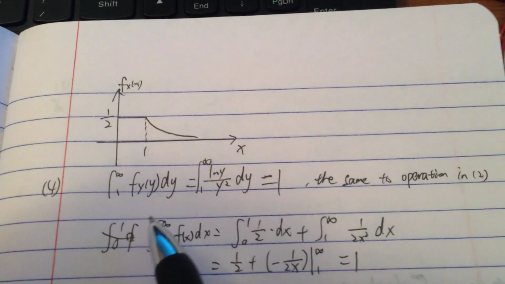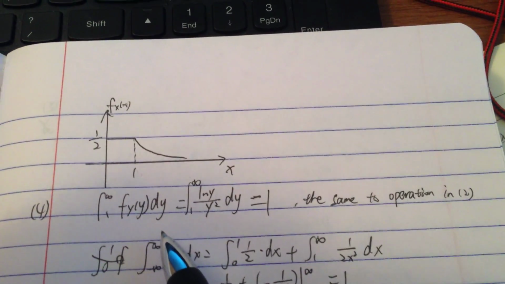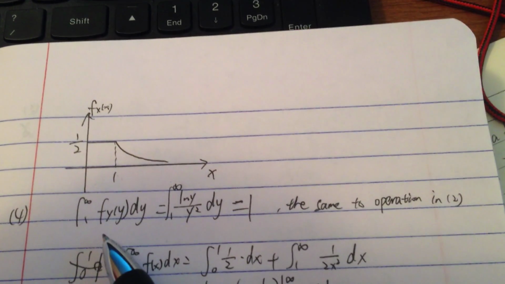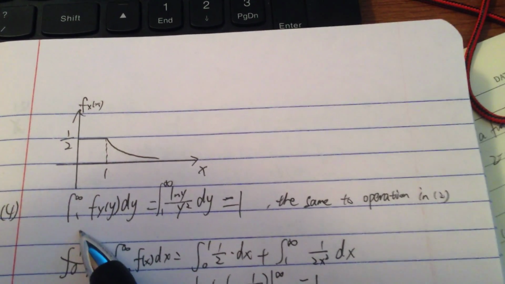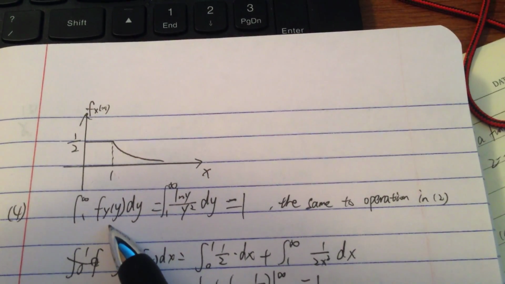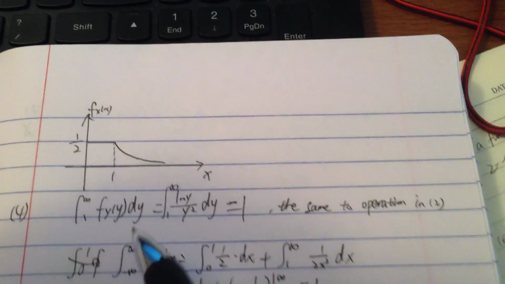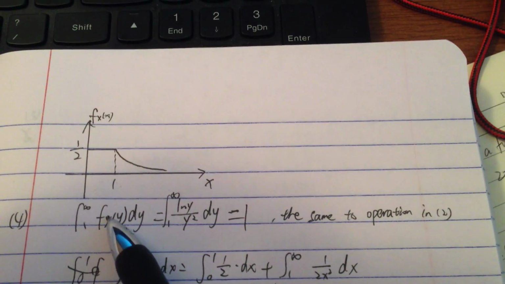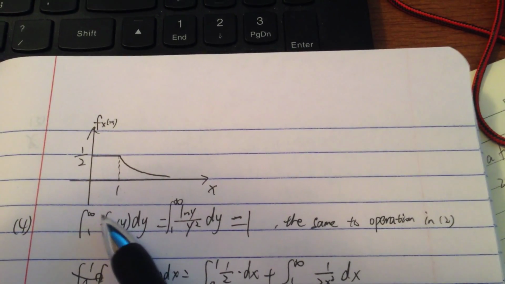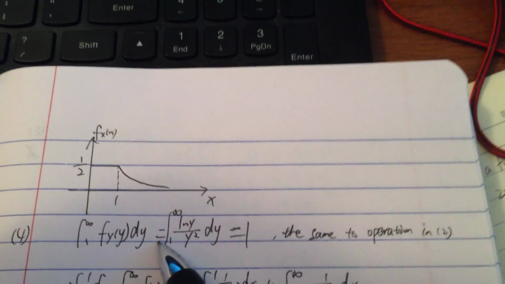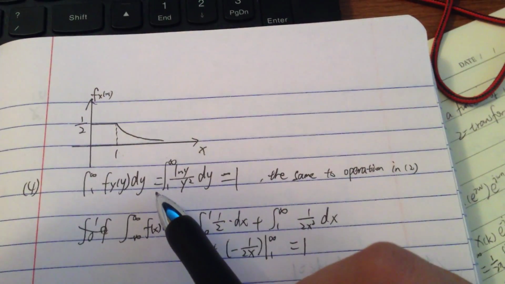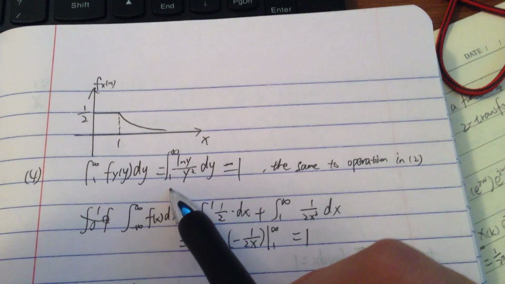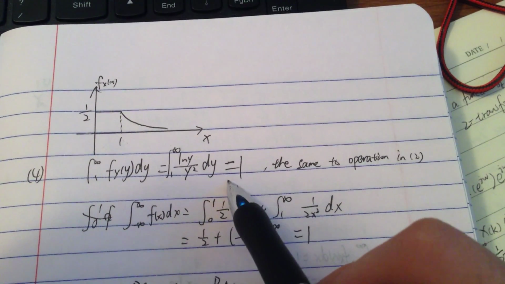And next question, let's verify f of x and f of y are valid. So to check it, we just calculate its integral and make sure it equals 1. So first, integral from 1 to infinity of f sub y of y times dy. Because we have known that y is greater or equal to 1, the answer equals 1.